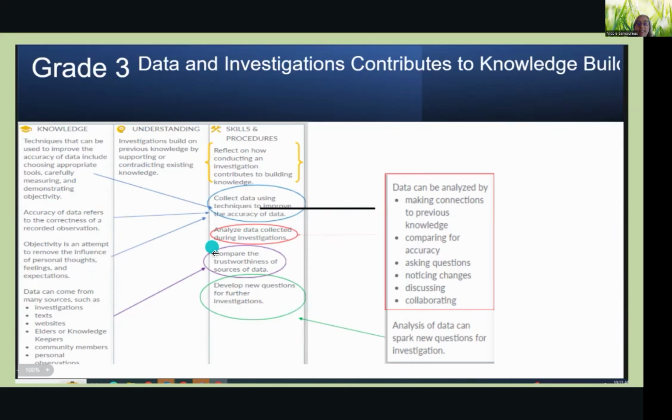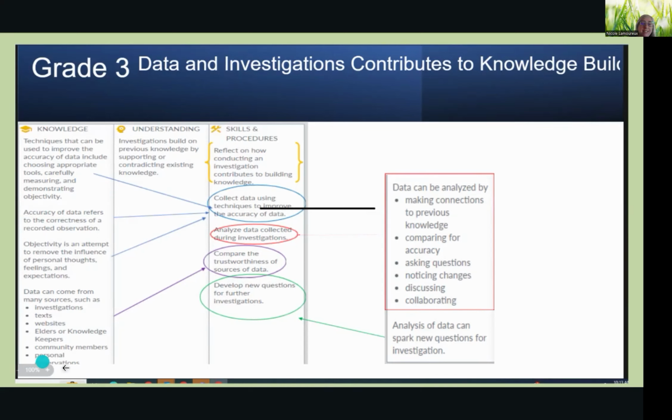Now, in analyzing data, they're expected to start doing that in grade 3. Well, it's laid out here what that means, and I'm going to show a classroom example after. Making connections, noticing differences, I'll highlight that. Discussing and collaborating. Well, scientists do ask, are you seeing the same thing in the data that I'm seeing?